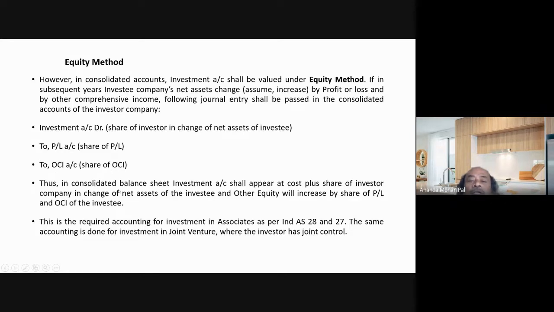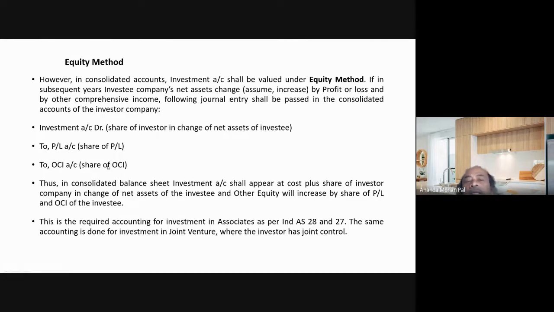Thus, in the consolidated balance sheet, the investment account shall appear at cost plus the share of the investor company in the change of net assets of the investee, and other equity will increase by the share of profit and loss and OCI of the investee. So this investment account will rise in the books of the investor, and also other equity will rise by these two figures, the share of profit and loss and the share of OCI.